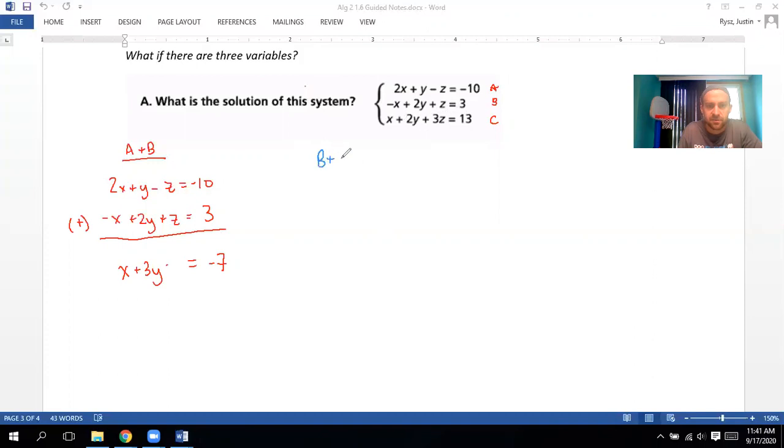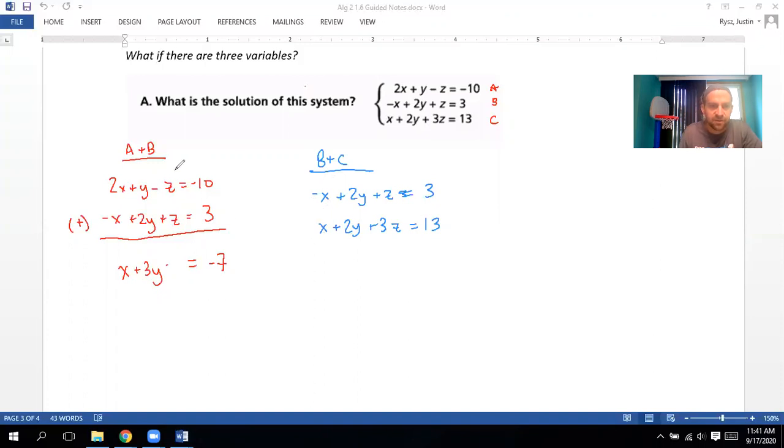It's not the easiest one, but if I pick B and C, what would I have to do? Well, B would be -x plus 2y plus z equals 3, and then C is x plus 2y plus 3z equals 13. Now, this is perfectly set up to get rid of the x's.